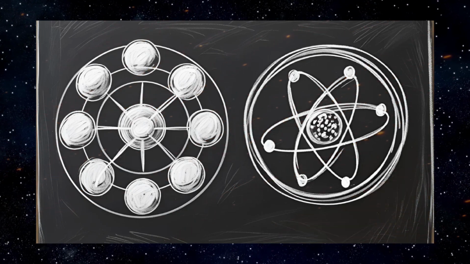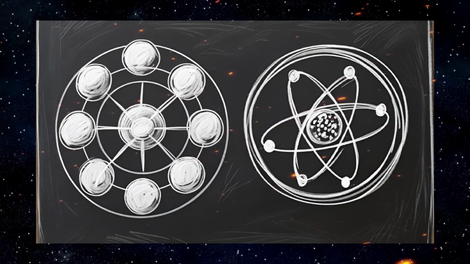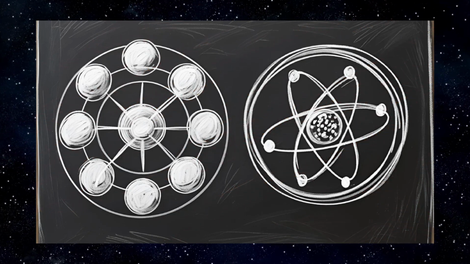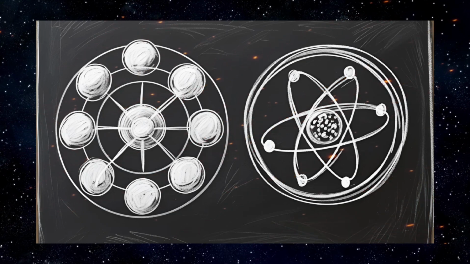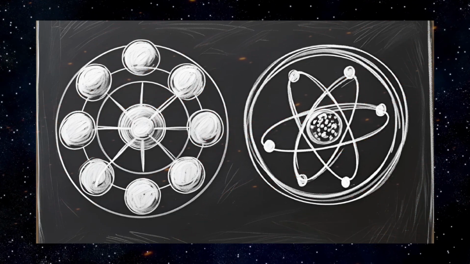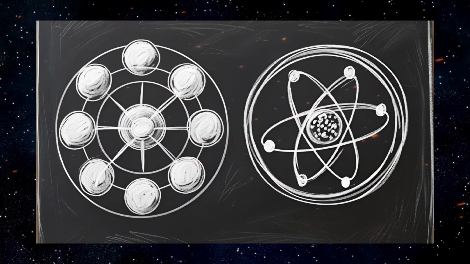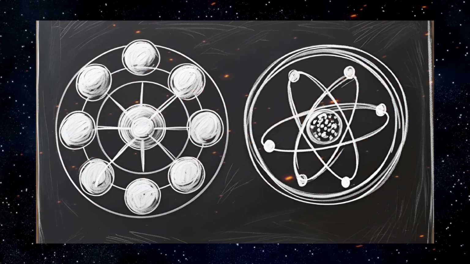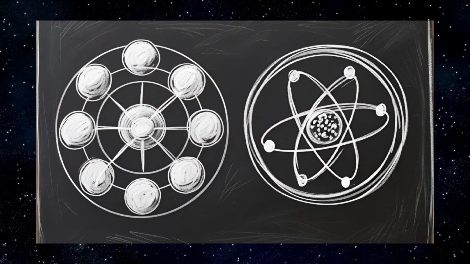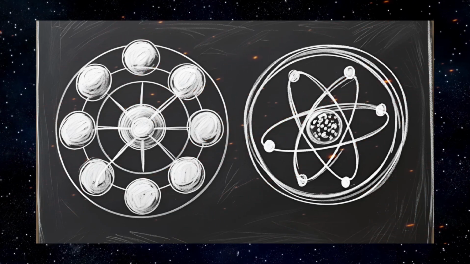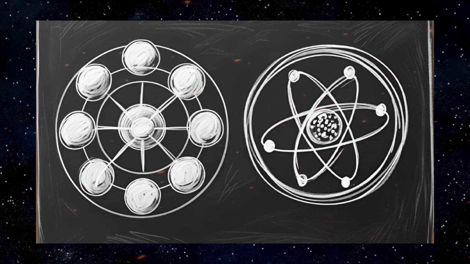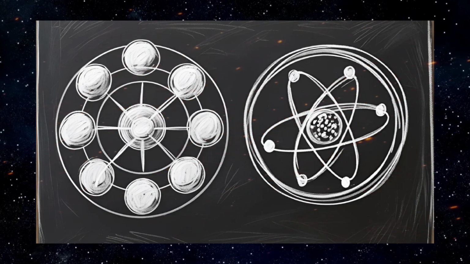Now we look more closely at the electrons in the outermost shell of an atom, known as valence electrons. These are the key players in chemical bonding and reactivity. Every atom has electrons arranged in shells or energy levels, and while all electrons influence the atom's overall structure, it is the electrons in the outermost shell that determine how the atom interacts with others.